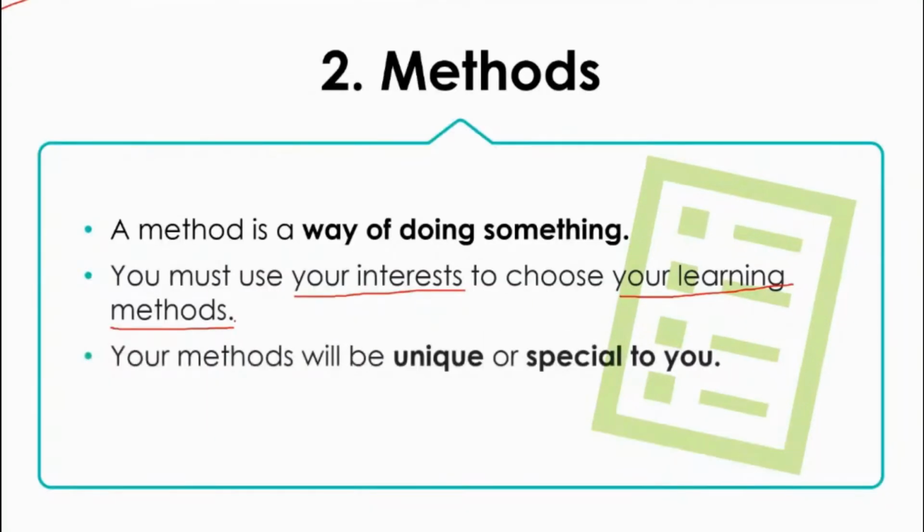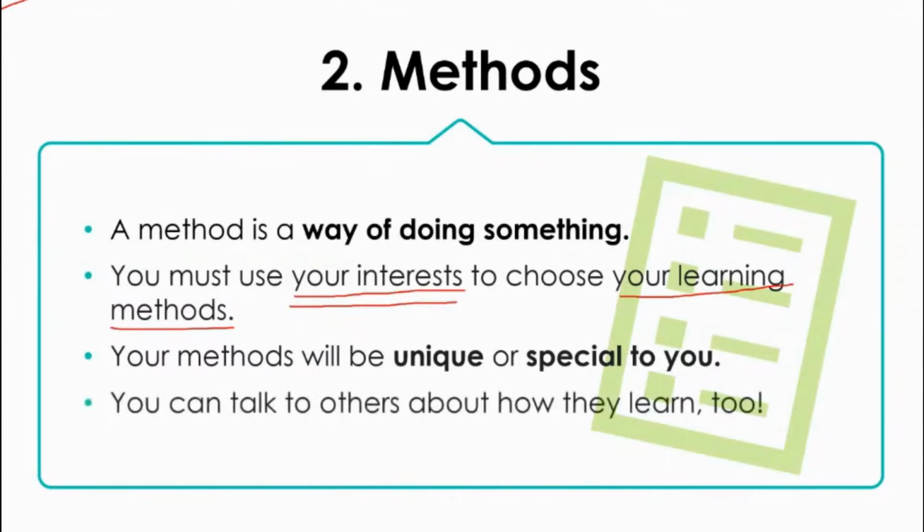Your methods will be unique or special to you. So you will not have the same methods as me. Maybe we'll have one similar method, but they will be different depending on what your interests are. Okay. So we're going to make some methods.